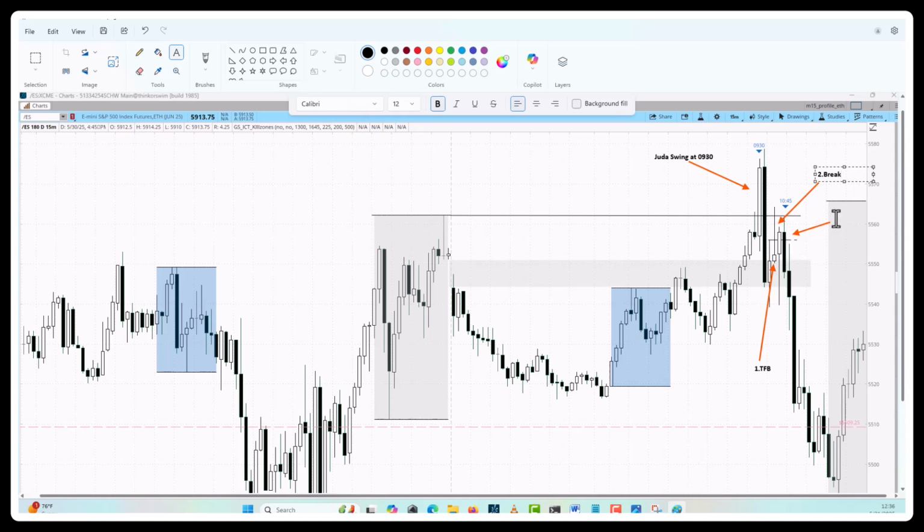Then the following candle, at 10:45, we see that it's reversed.